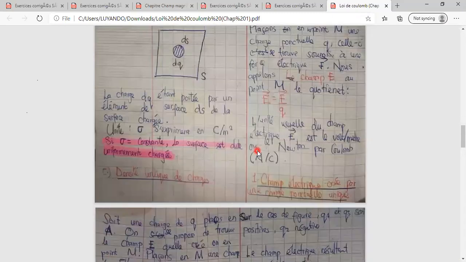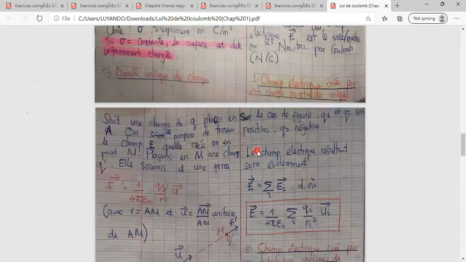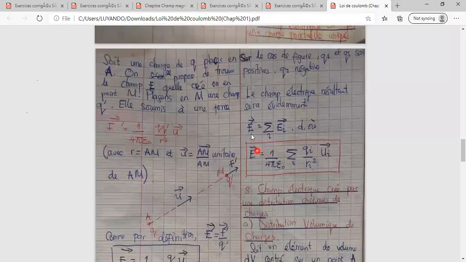That explains my drawing there. So the resulting electric field will of course be, so we have this. If we want to calculate the full field for Q1, Q2, and Q3, we just do the sum. I think we've all seen this in math. So E, the total field, is E1, E2, and E3. This is what it simply means. We're trying to get the total field for all 3 charges.